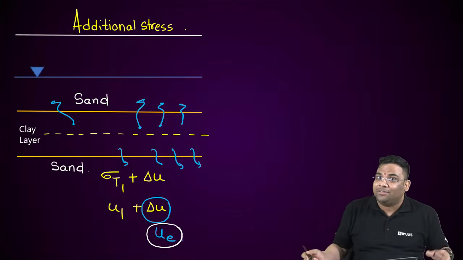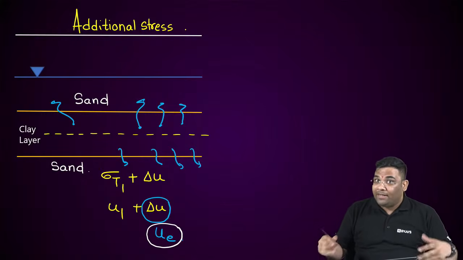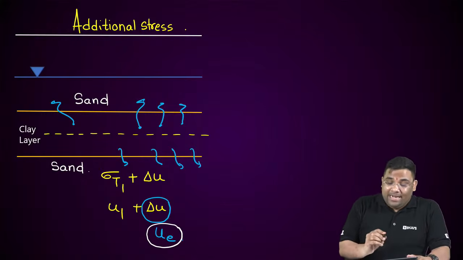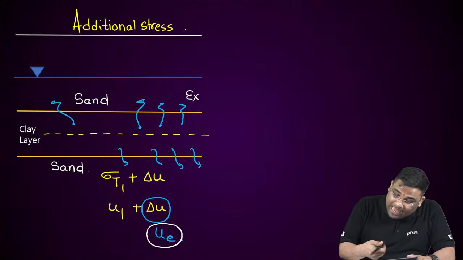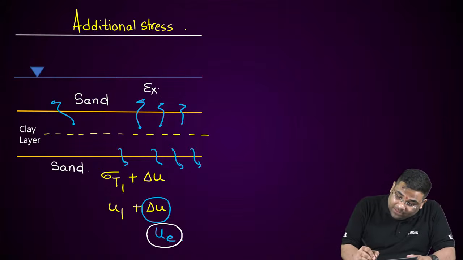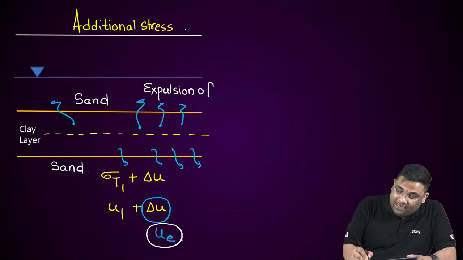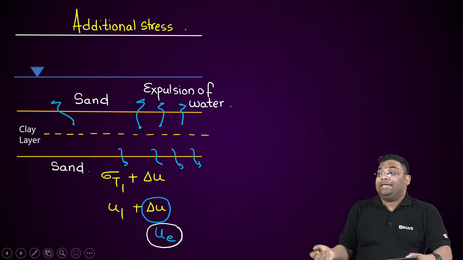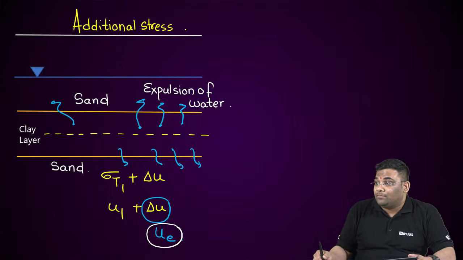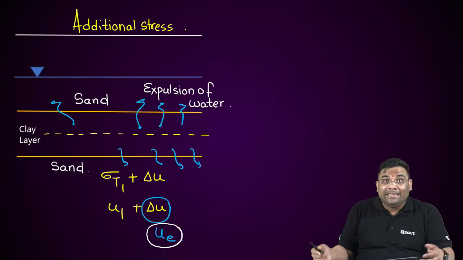Tell me, what is the answer? I will repeat: when this expulsion of water from the pores happens, will the excess pore water pressure remain constant or decrease? Yes, it will decrease.